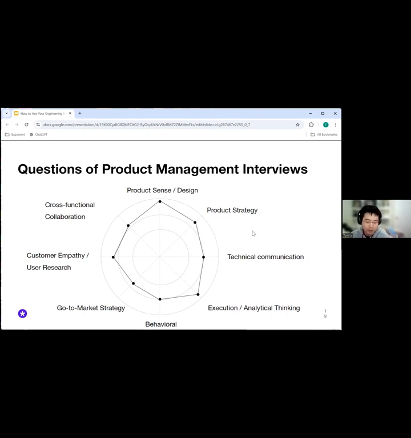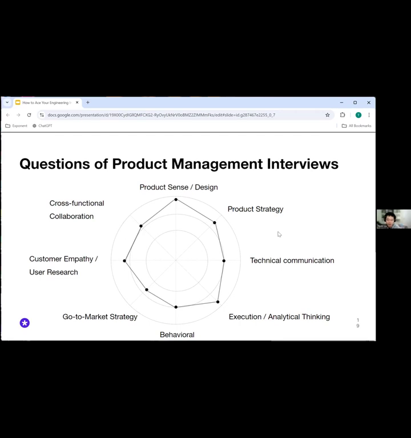Technical communication, because you are going to interact with a lot of technical folks from different backgrounds. Execution, analytical thinking. For example, Facebook friend requests are down by 10%. What can we do here, right? Behavior, go-to-market strategy.